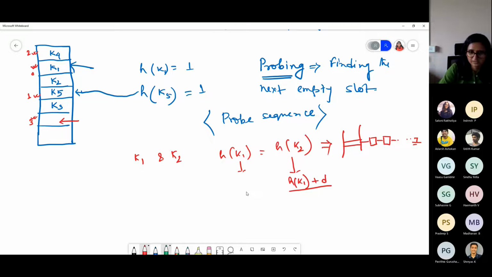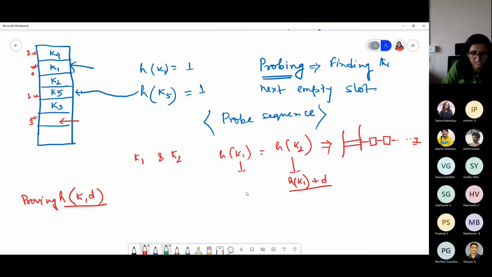So that is the probe number. In case of this probing, the H function will take the key value along with the probe number, say n. Maybe n I have used before, in that case I will use d. This will be my probe function's argument, or hash function's argument.